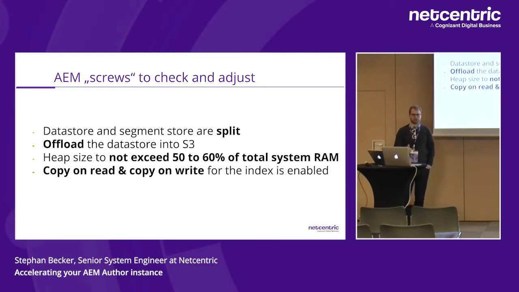So this is really just a rule of thumb now, because the better calculation on how to size properly for performance is what I showed you before, making sure you have enough RAM that the segment store can be mapped properly. And also the copy on read and copy on write is now enabled by default. So this is something not to worry about anymore with 6.3, but also interesting to see how it works. There are some wiki pages on it which detail this specifically.